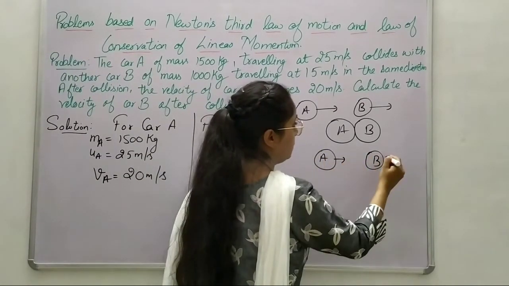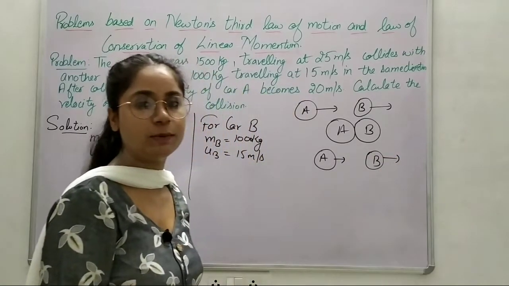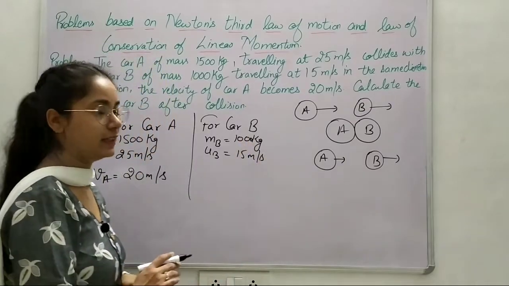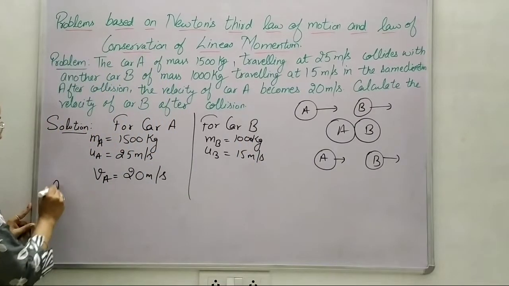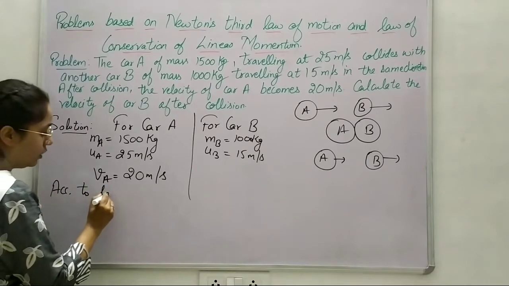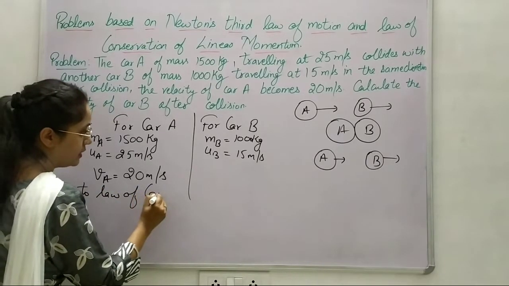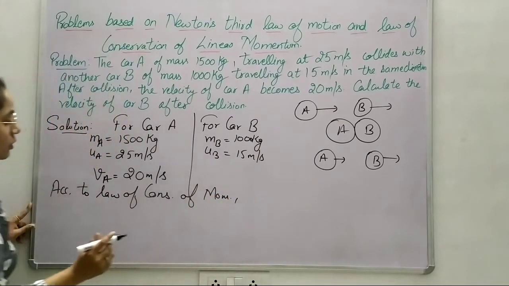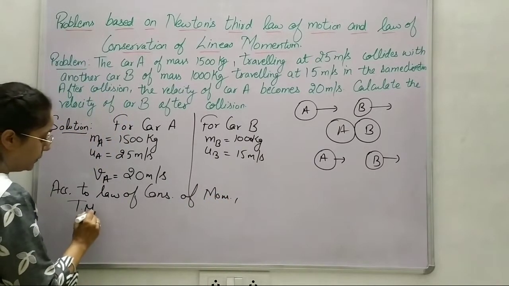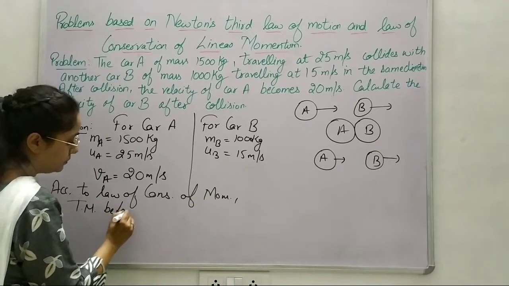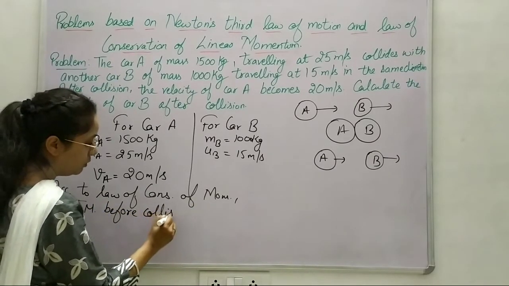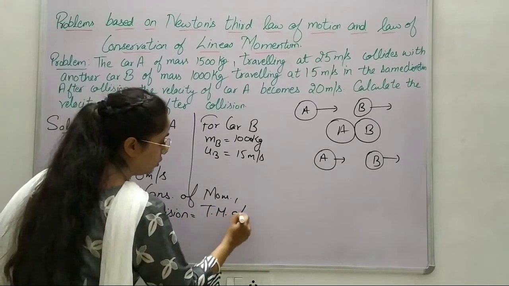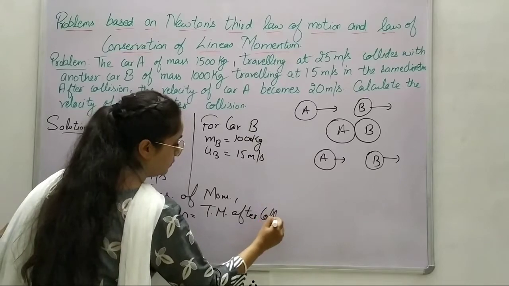You will apply the principle of conservation of linear momentum. From this diagram, it can be clearly seen, right? So according to the law of conservation of momentum, I am writing it short, the total momentum before collision is equal to the total momentum after collision, right?